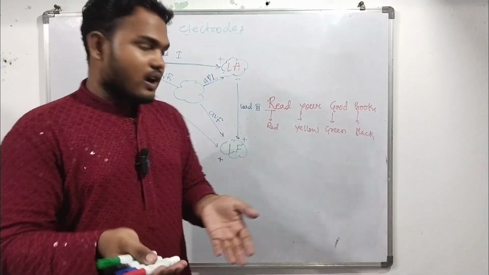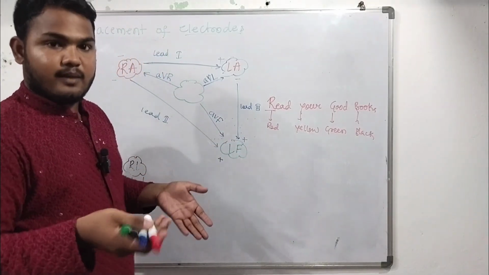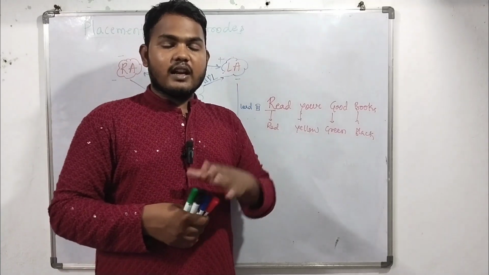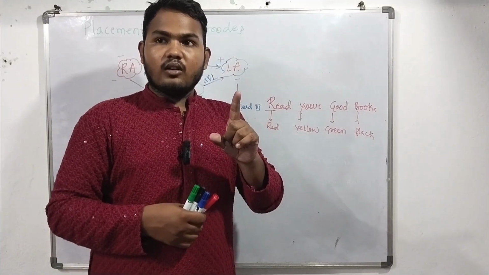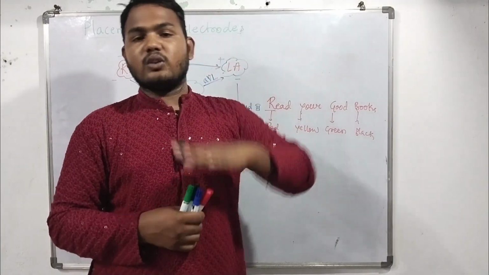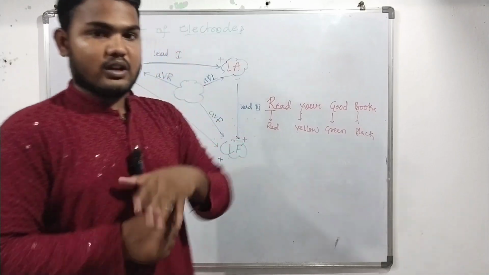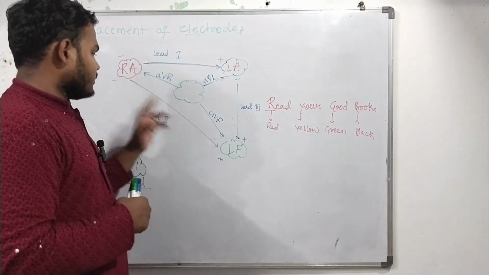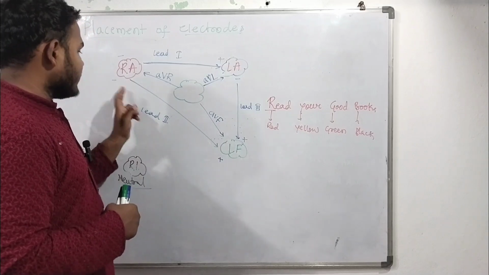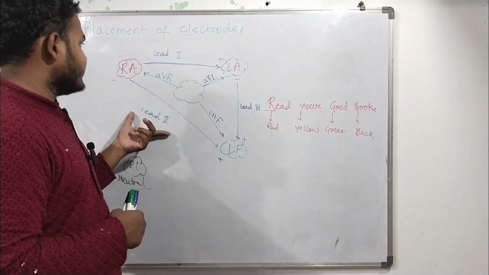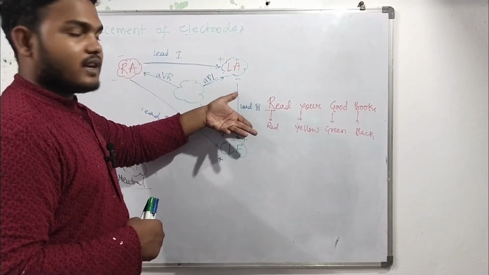By 10 electrodes, how the 12 leads came. It means one lead is formed by the combination of 2 electrodes in a bipolar lead. In these 2 electrodes there is 1 lead. This is lead 1, lead 2 and lead 3. These are the bipolar leads.